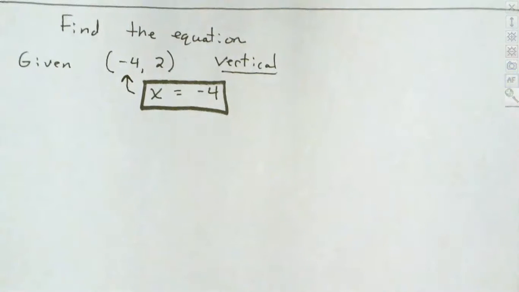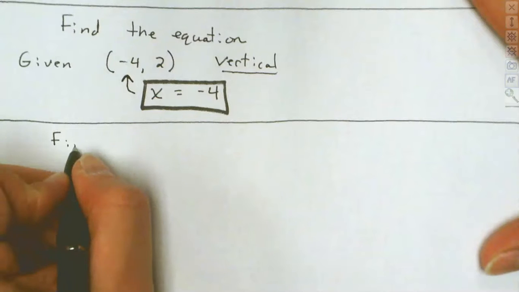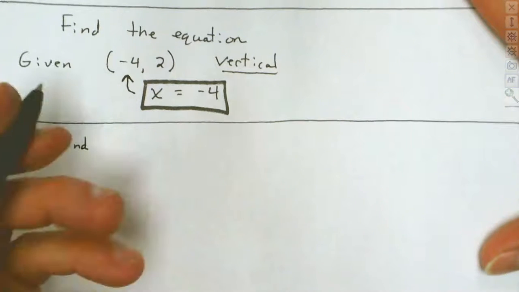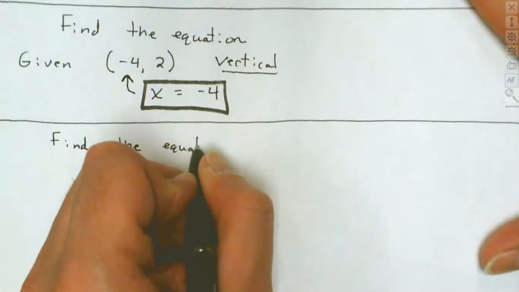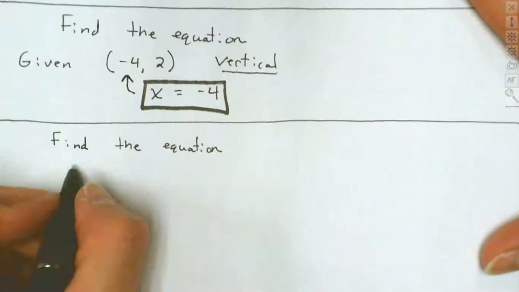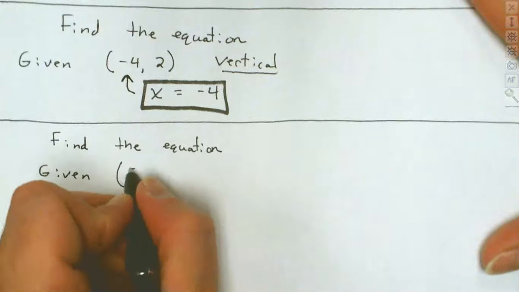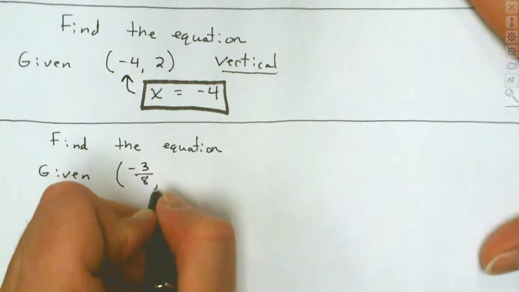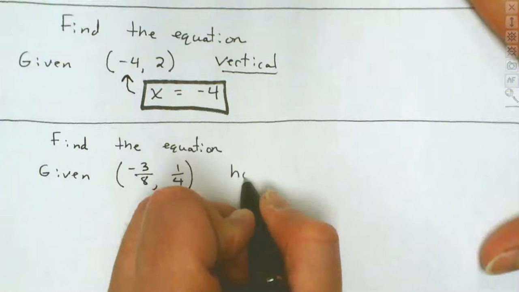Let's do a horizontal line. Again, we're just going to find the equation. And let's say you're given -3/8 and 1/4, and I want it to be a horizontal line.